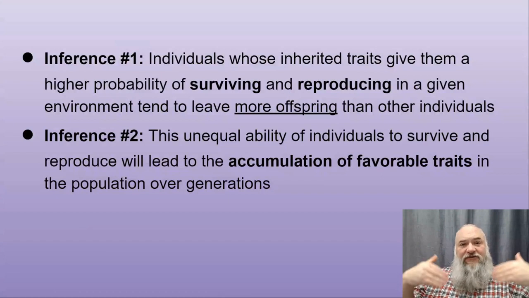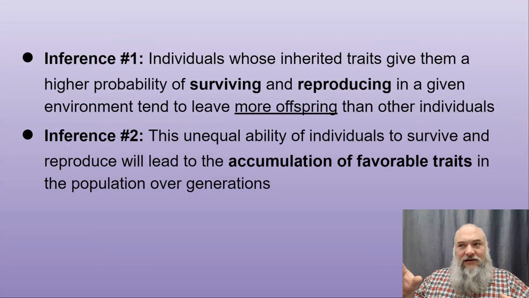But generation after generation, those who are a little faster are more likely to escape the lions than those who are a little slower. So those who are a little faster are more likely to live long enough to reproduce and pass on their genes for fastness to their kids, where those who are too slow don't.